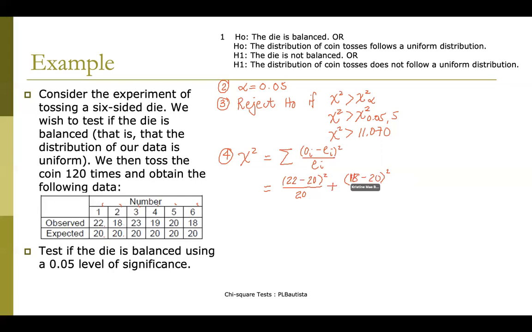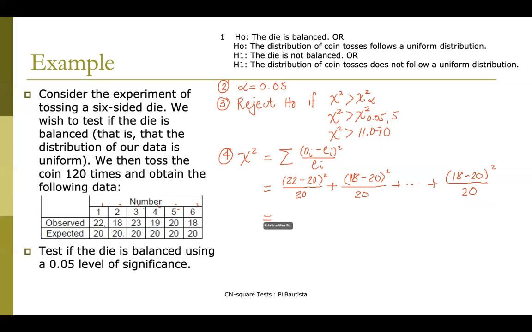This is 18, and divide by 20. And so on. So you will be doing this for each of the 6 cells until you reach the sixth cell, which is also given by 18 minus 20 squared divided by 20.